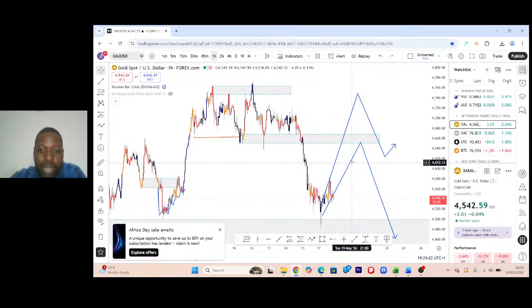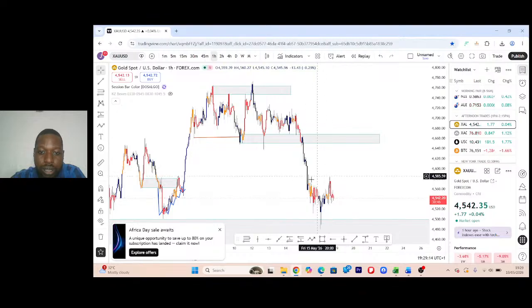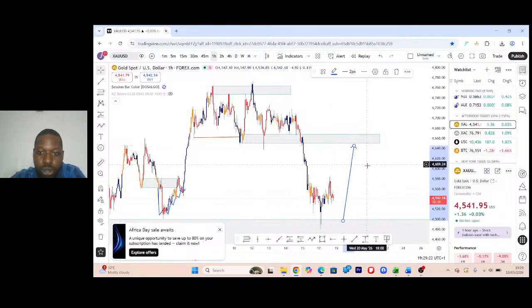But for the meantime, if you are really eager to trade, you can place a buy at this level, and you are just going to aim from this level to this level here. That's all you should be aiming for.